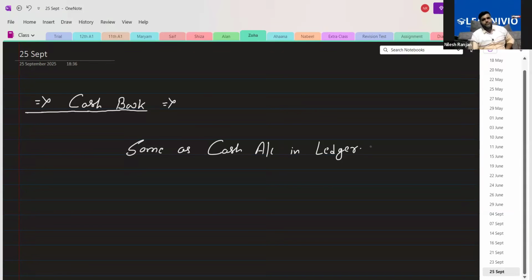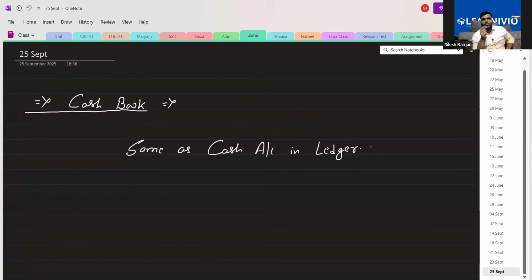First of all, I told you that there are two steps in the accounting process. The first is called recording of transactions, and the recording process is done in the journal. Then the second is classification, which is done in the ledger.